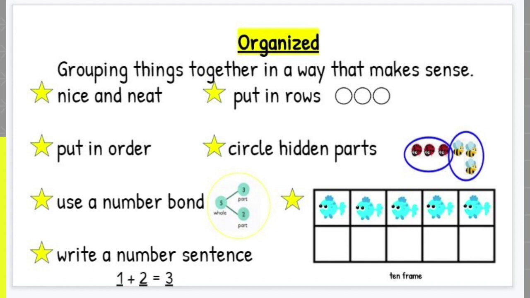We can put things in rows from side to side, left to right, like we write our name in nice straight rows. We can put things in order. Ooh, this is one that we've been working on, circling hidden parts. Using tools like a number bond or a 10 frame. And another tool that we use is a number sentence.